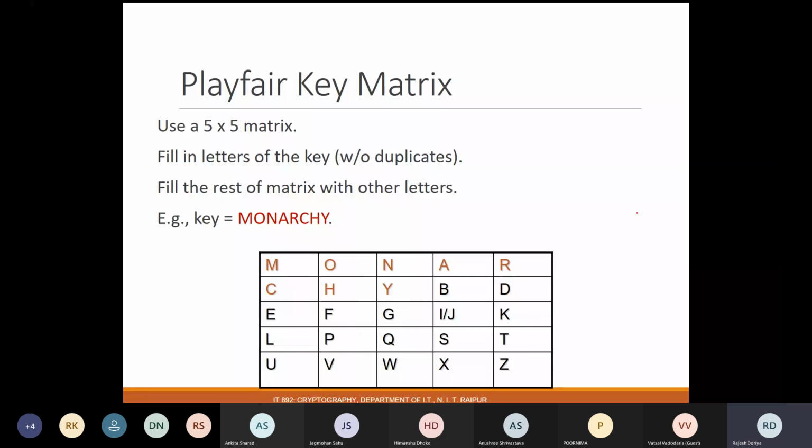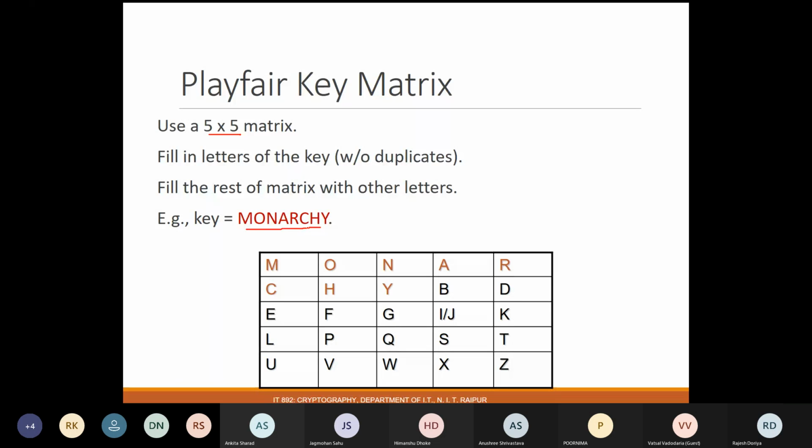In this technique, we arrange all the alphabets in a 5 by 5 matrix. Then we choose a key such that no letter is repeated.